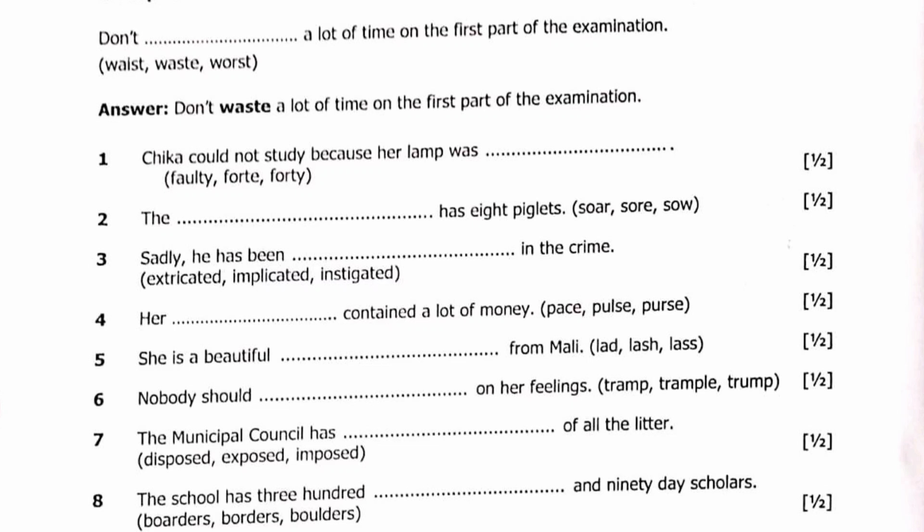By the way, you need to spell this correctly as you are copying. The second question is saying the dash has 8 piglets. A female pig is known as a sow. Which sow here? It is the last one, S-O-W. Then the baby pigs are known as piglets.